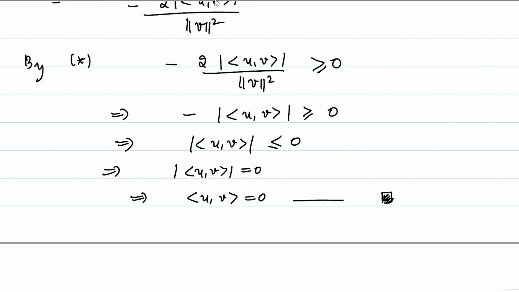The next problem is an application of the celebrated Cauchy-Schwarz inequality. As I have told you earlier, the Cauchy-Schwarz inequality is one of the most important theorems in the field, and its power is immense. So let's look at one problem to indicate that it is actually quite a powerful theorem.